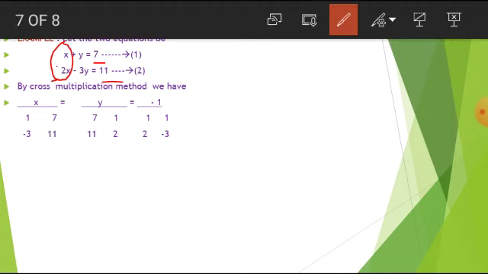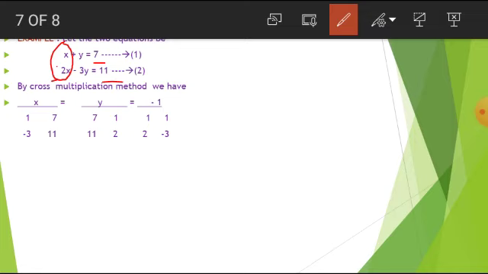now the constant term. We have not taken the equation in the form of a1x plus b1y plus c, so moving it to the right hand side, you have to take it here as minus 1.